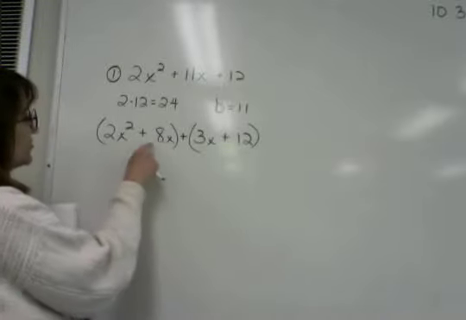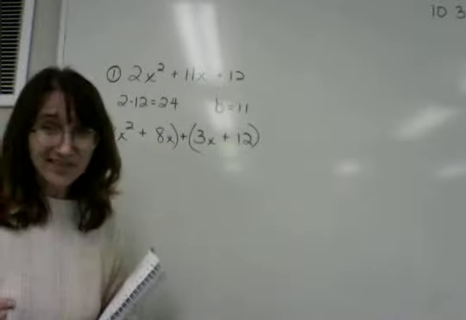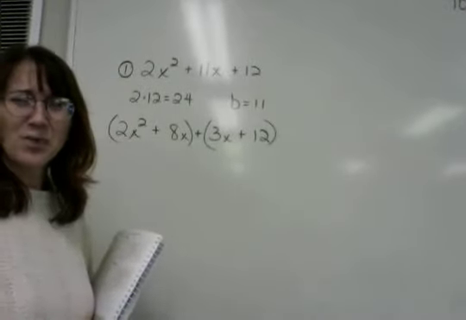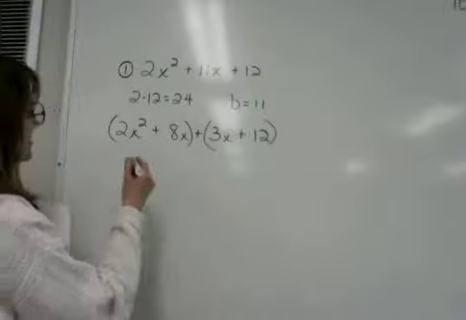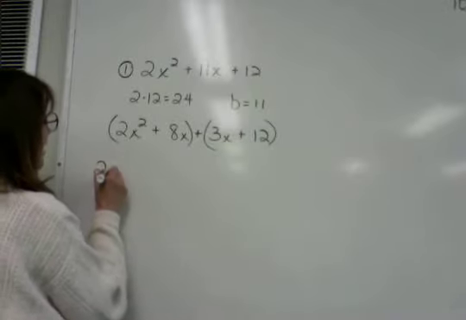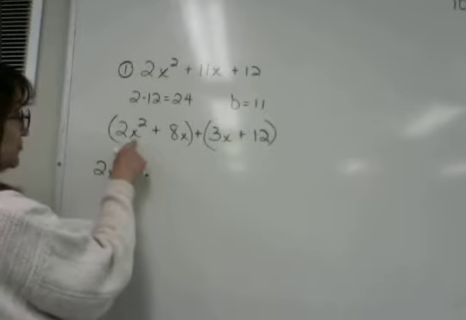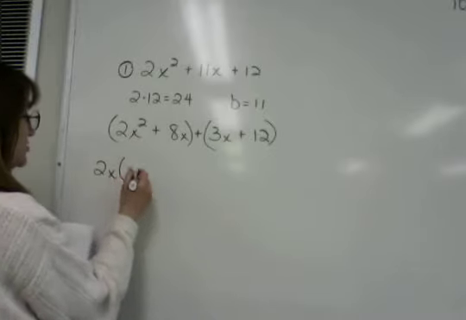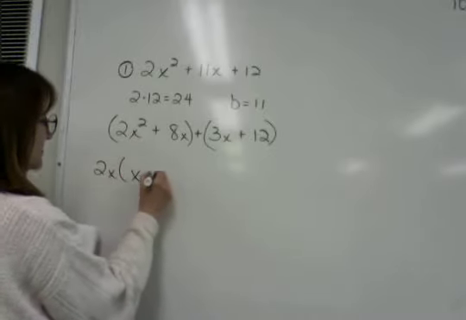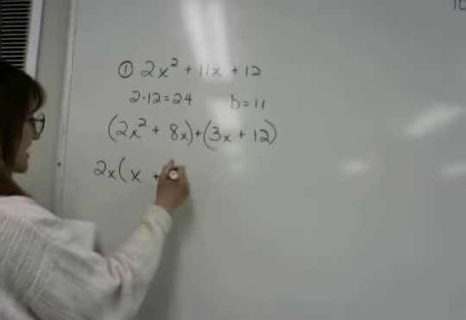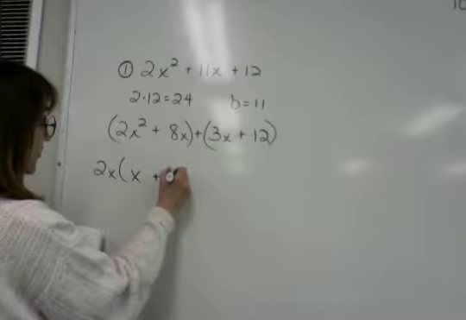But also a 2 and an 8 are even. So divisibility rules tell me if they're even, they're divisible by 2. So there is a 2x that is common between those. If I divide that by 2x, I just have an x left. And if I divide the 8x by 2x, I end up with a 4.